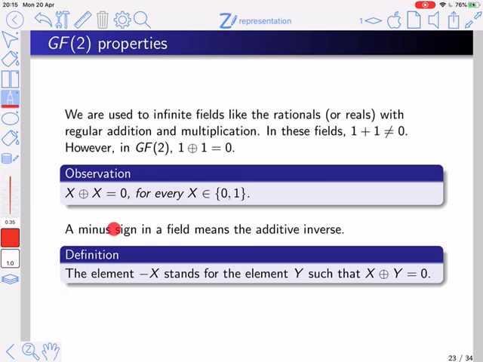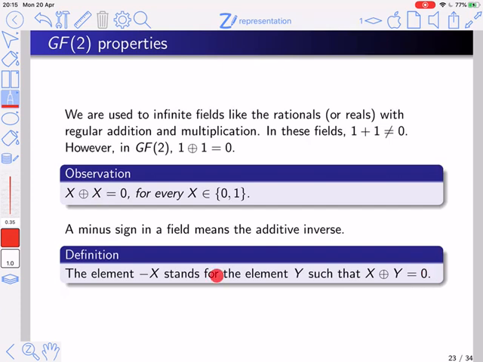Now a minus sign in a field means the additive inverse, namely minus x stands for the element y such that if you add x to y, you get a 0. The addition is, of course, over G of 2. This is our XOR. Now, you notice that x plus x is 0. So the element y such that x plus y is 0 is x.